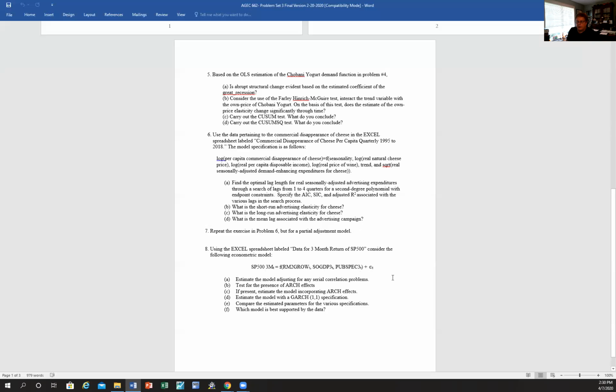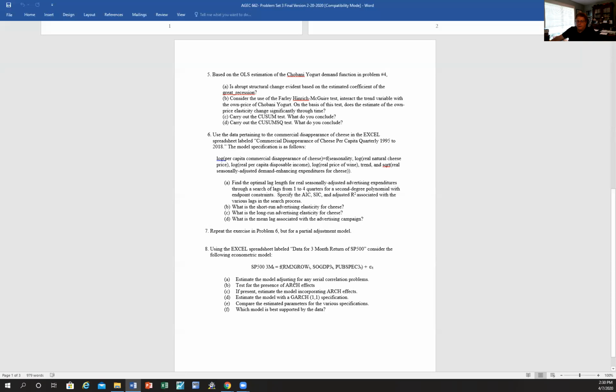Then on question 8, most people did a pretty good job in modeling this problem, looking for serial correlation problems, and the AR structure turned out to be strange. You needed an AR1, AR3, AR4, and possibly an AR5 or 6 in the model. So everyone, by and large, did that correctly.